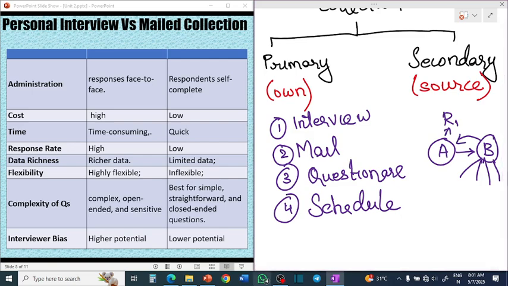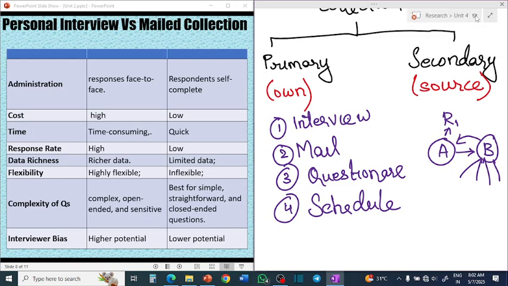So that is known as schedule. We'll talk in detail about this. I am just giving an overview. So in primary data collection during our PhD, we do mainly 4 types: interview, mail, questionnaire, and schedule.